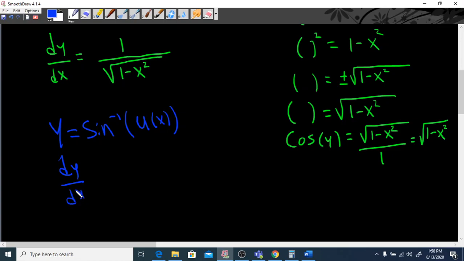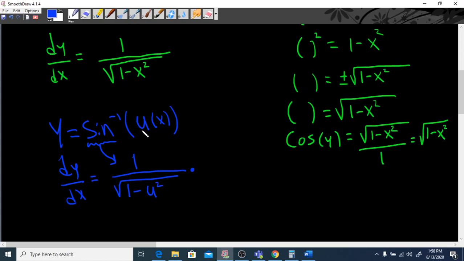So here's what I'm saying. In general, the derivative of the inverse sine is going to be 1 over the square root of 1 minus whatever's inside, squared. 1 over the square root of 1 minus u squared. That's the inverse sine part, that's what we did here.